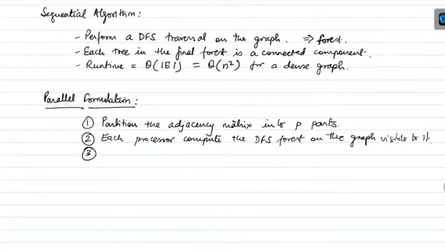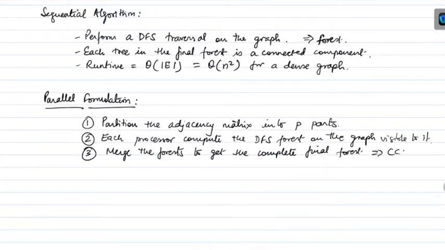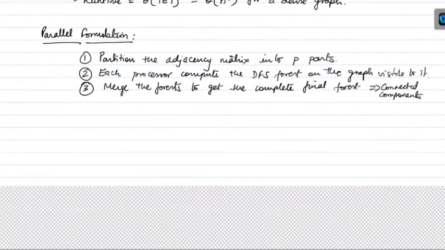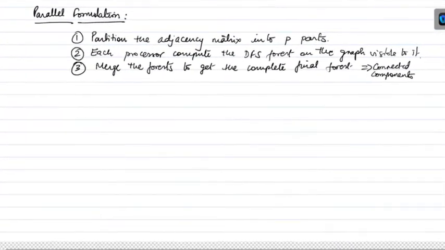Therefore, there is an additional step involved, and that is that we have to merge the forests to get the complete final forest, and therefore, this will give us the connected components. All right. So the strategy is clear. That's what we're going to do. And we are not going to write the pseudocode for this one. Let's just understand what happens, how this is implemented.